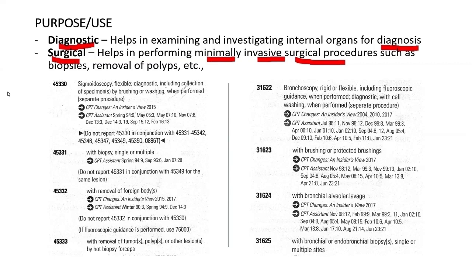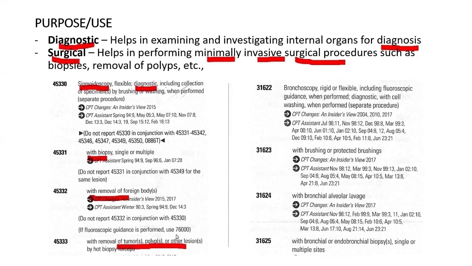Coming into coding, for each kind of endoscopy codes, the first code will usually be diagnostic, followed by all surgical codes. If we take sigmoidoscopy as an example, as you can see here, it starts with diagnostic, followed by all surgical codes with biopsy, with removal of foreign body, with removal of tumors, polyps, or other lesions.